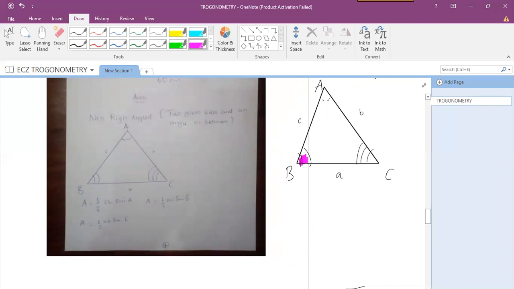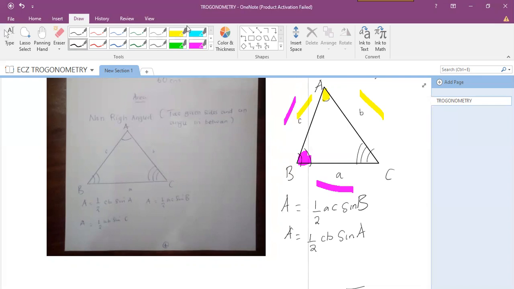If I had this angle and two given sides, my area would be half a c sine B. If I had this angle A and two given sides, my area would be half c b sine A. If I had only this angle here and two given sides, my area formula would be half a b sine C.